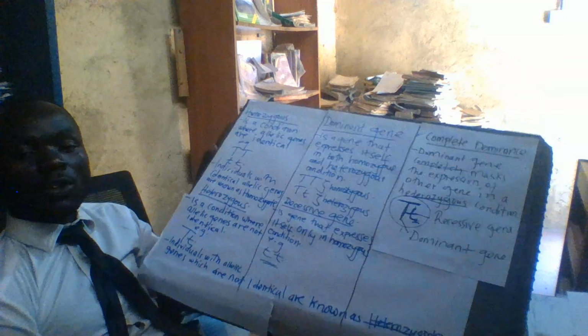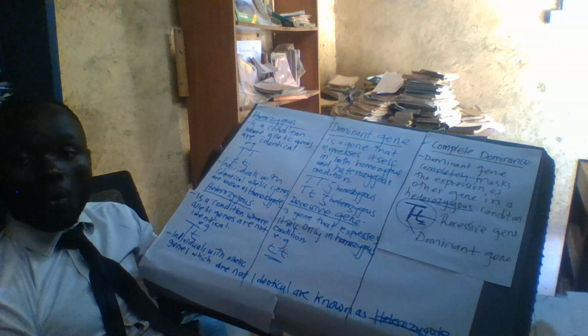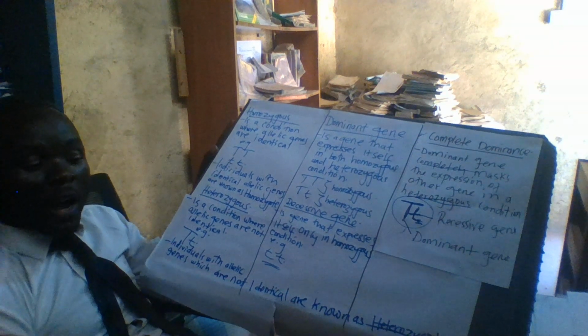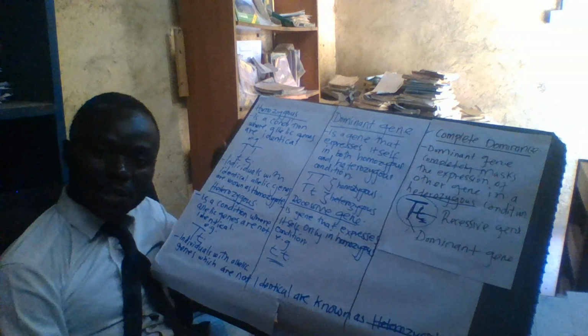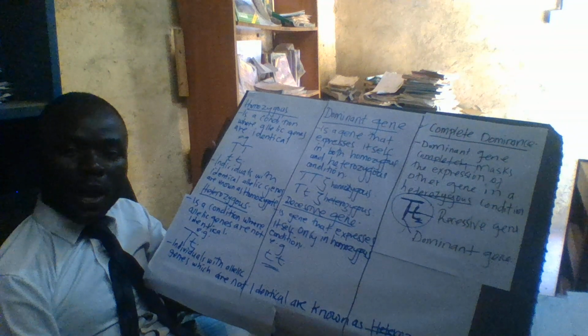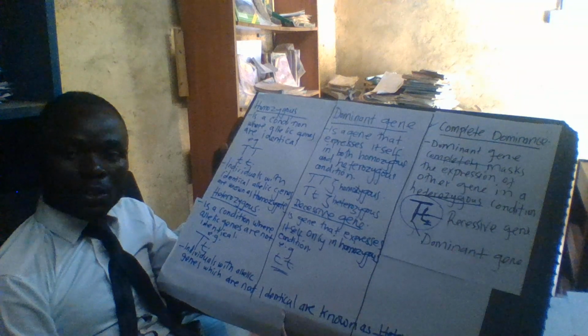They are known as heterozygotes. Individuals who are having allelic genes which are not identical are known as heterozygotes.